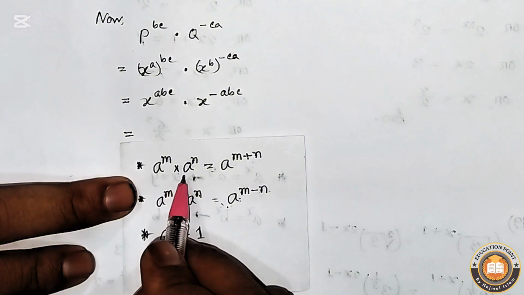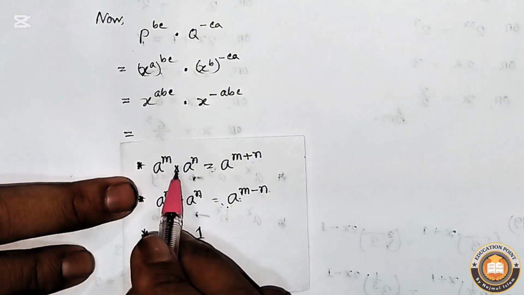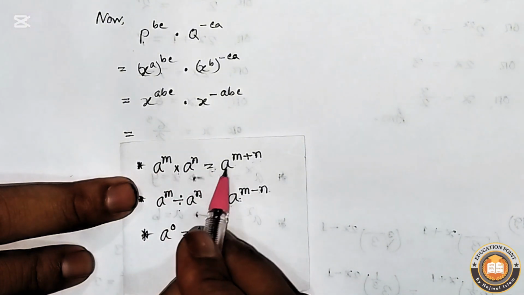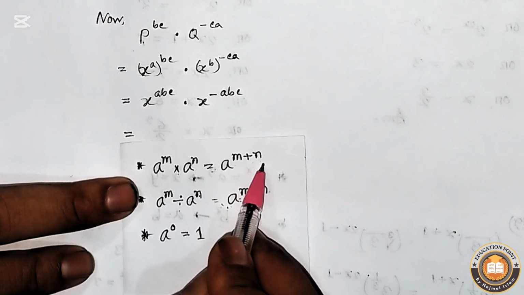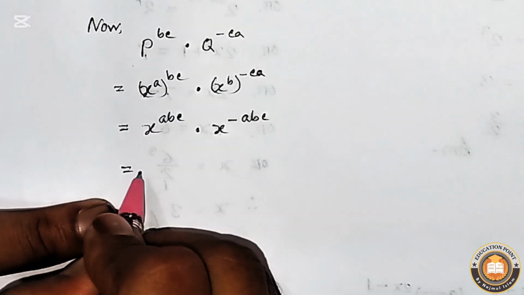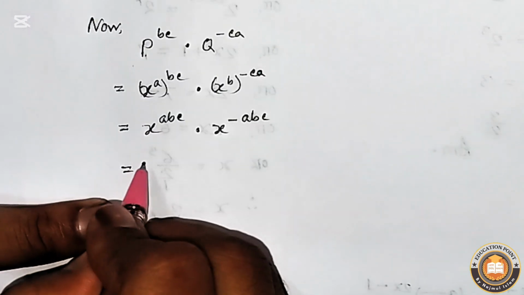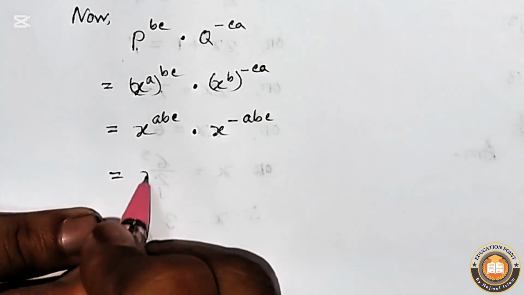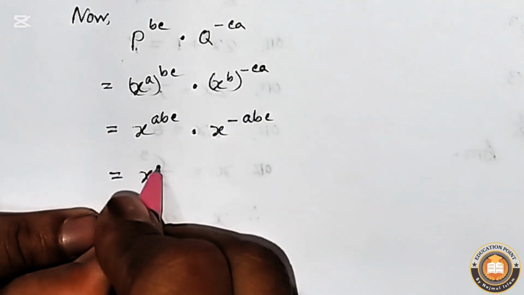Now we apply the formula a power m into a power n equal a power m plus n. According to the index law of multiplication, we can write here similar base x, their power will be added.